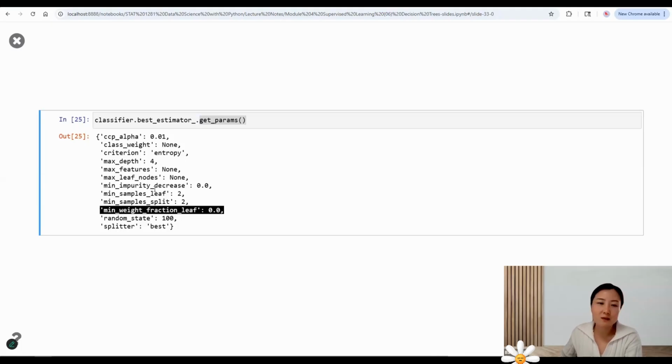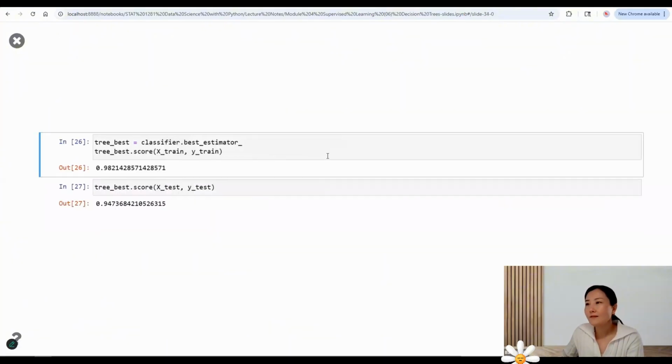So these are the three parameters we tuned, and these are the optimal values. And then we can choose to refit our best model using the entire training set by ourselves. So how do we pull out the best model? You can just use the dot syntax, dot best_estimator_, and it will use all of the optimal values for the hyperparameters. It is one of the models in classifier.